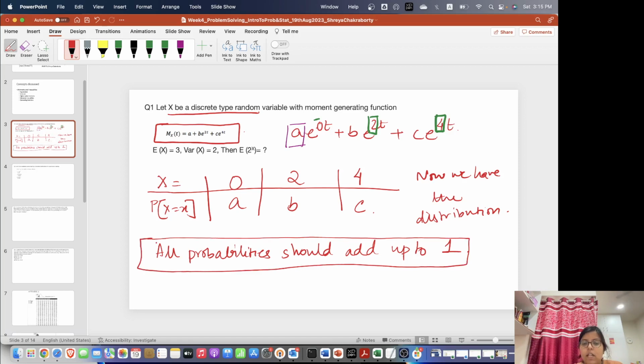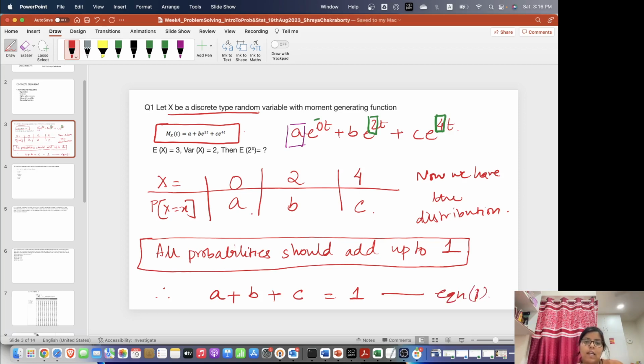In case of a continuous, what happens? The integral should be equal to 1 over the range of x. But since this is a discrete type of random variable, all the probabilities should add up to 1. So therefore we have a plus b plus c equals 1. Let this be our equation 1.